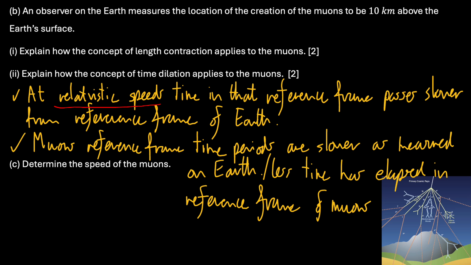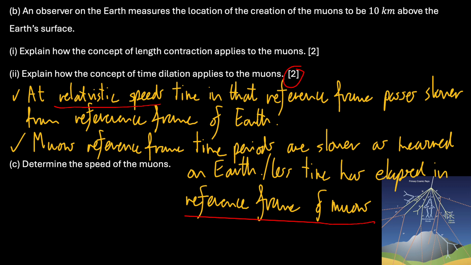Time periods are longer as measured on Earth, and less time has elapsed in the reference frame of the muons. It's important to get the distinction between the reference frames, and for these 2 marks, just make sure that we give a little bit of context, a little bit of detail there, and show that we can apply the concept of time dilation.